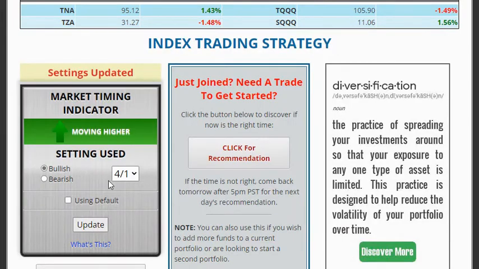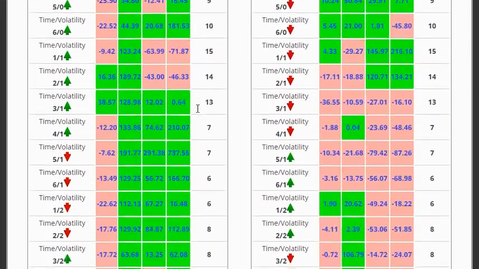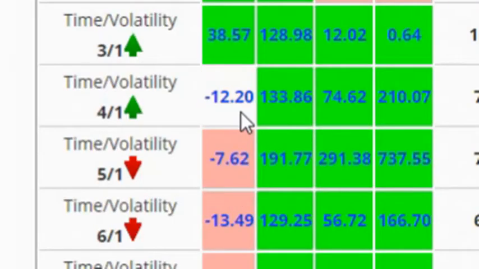And we can see that the 4-1 is going to the upside, which would be TNA. So we would go and buy TNA, and we would start trading the 4-1 until it gets to our 50% gain setting. So when this box right here says 50% gain, then we know that the time is over and we move to the next one, which is 5-1.